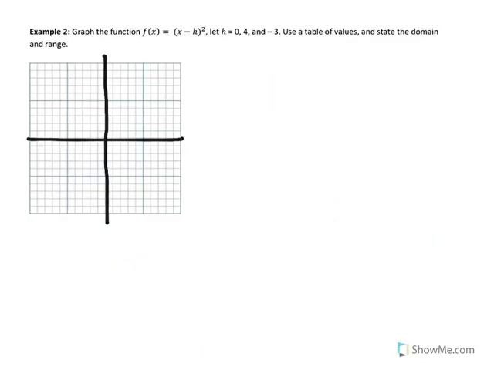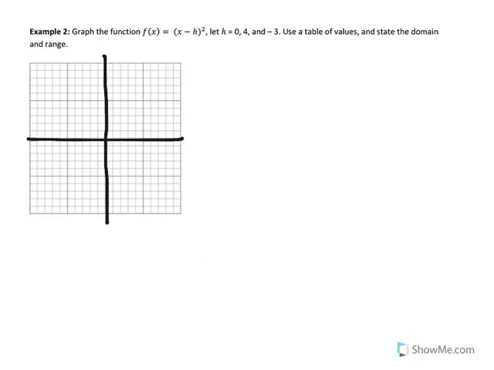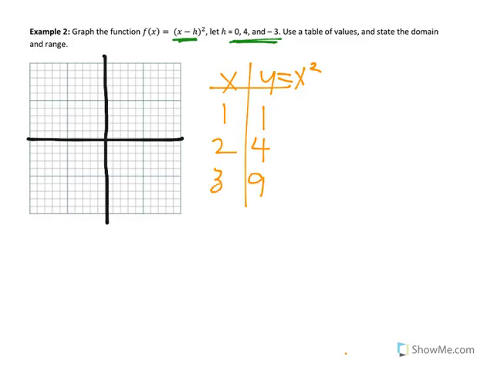Alright, so that's a vertical translation. Now we're going to do a horizontal translation. Oh, by the way, we're using this letter k right there for vertical. Okay, now we have h. So it's inside the brackets. That's where our difference is. So we're going to have 0, 4, and negative 3. So just like the last function, we're going to do a normal x squared function. 1, 1, 2, 4, 3, 9.